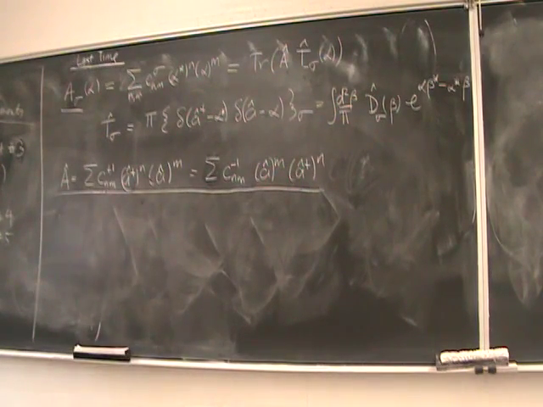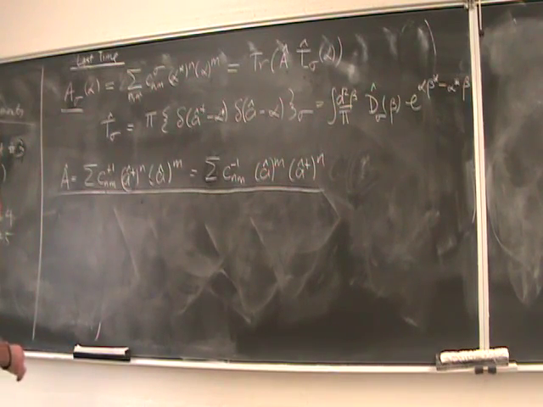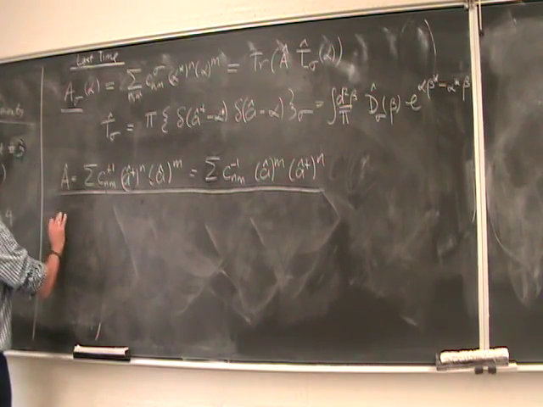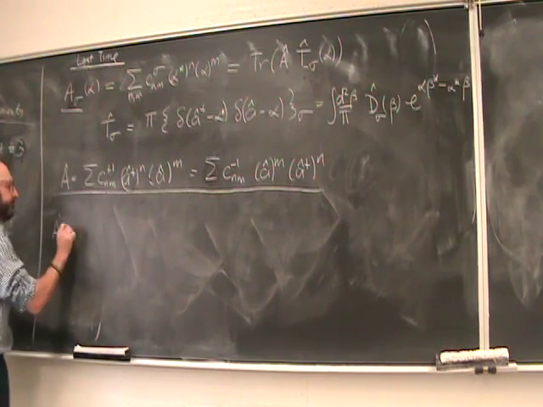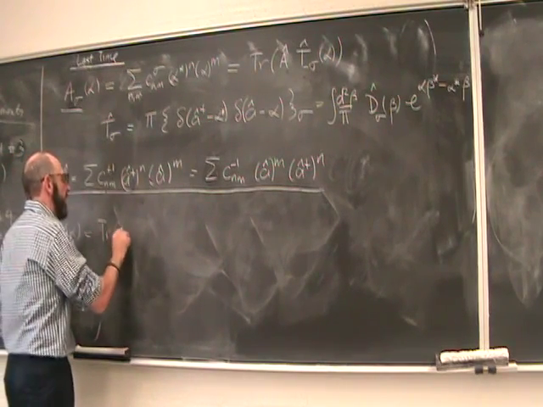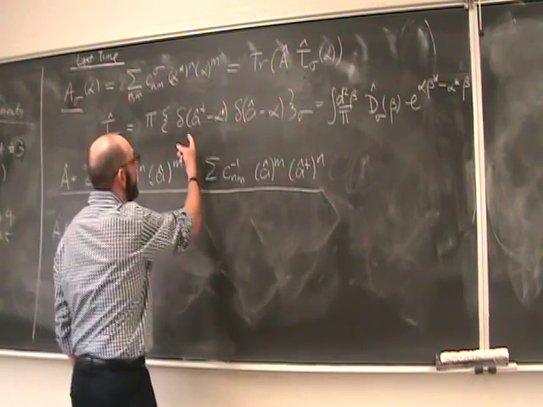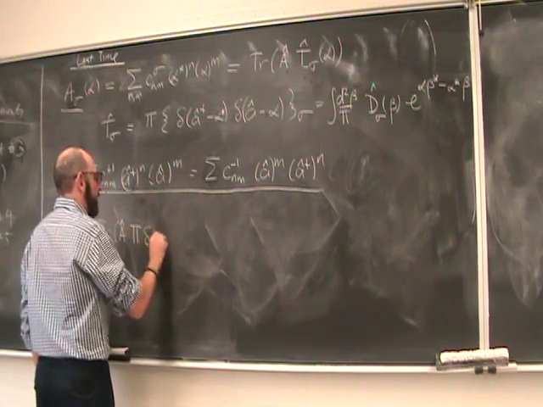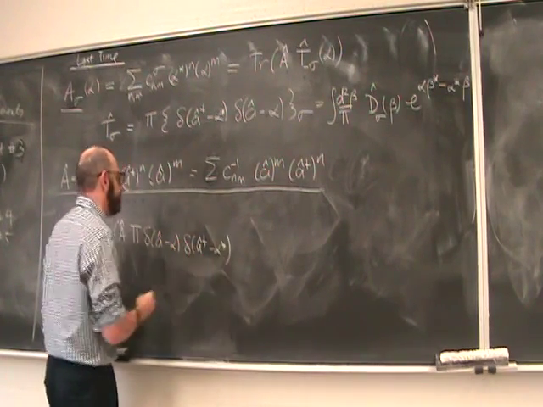Let's start with, say, the normally ordered guy. That is equal to the trace of A with the anti-normally ordered version of this, which is pi delta of A minus alpha, A dagger minus alpha star.